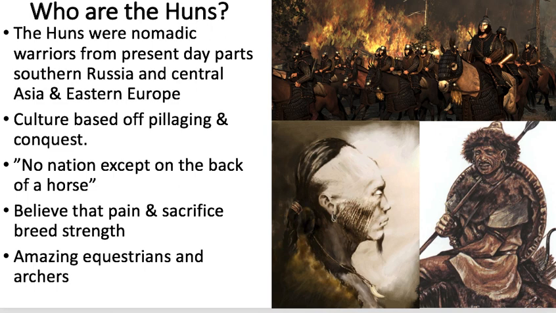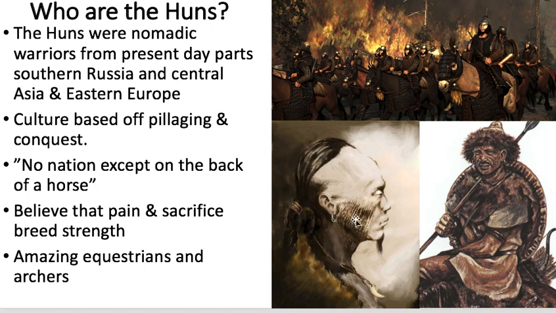A big part of their culture believed that strength came from experiencing pain and making sacrifice. And if you notice, these gentlemen here, their faces look pretty heavily scarred, and there's a reason for that. Part of Hun culture was that when an infant was born, before they were allowed to drink from their mom's milk, they were ritually scarred in the face.